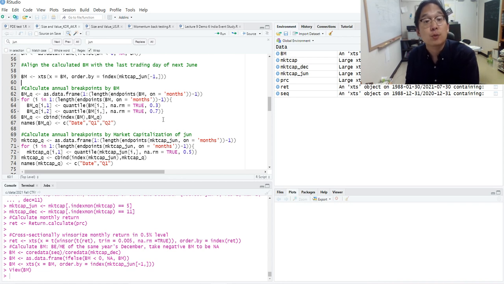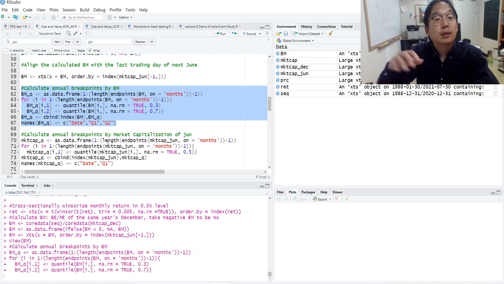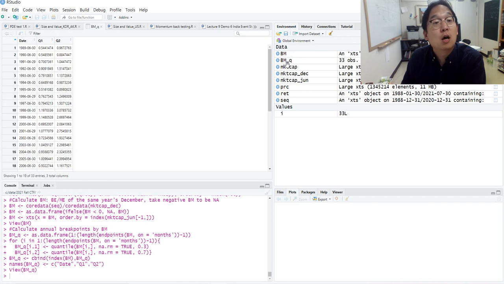We are going to have those things. The thresholds will be given as BM underbar Q, the quintiles of the breakpoint of book to market.